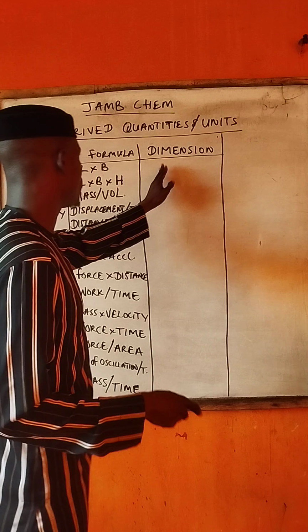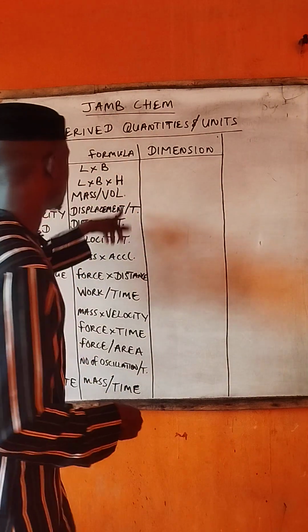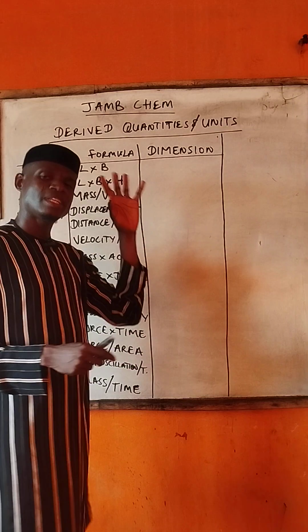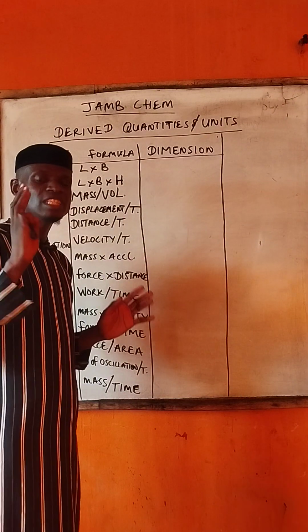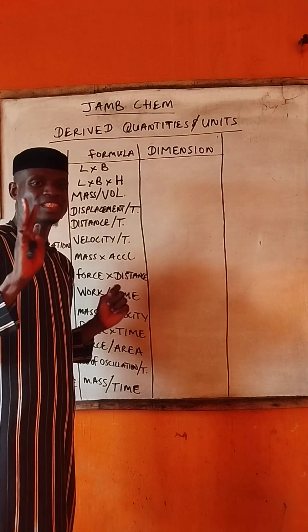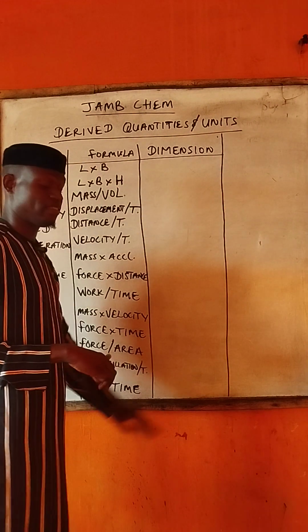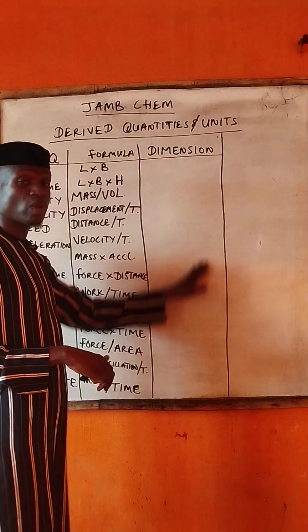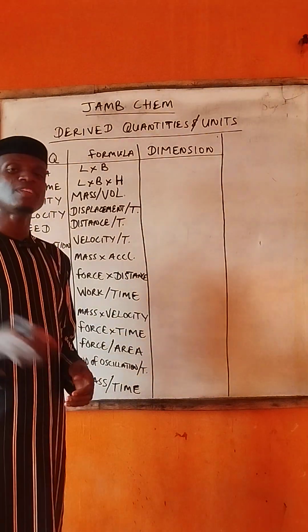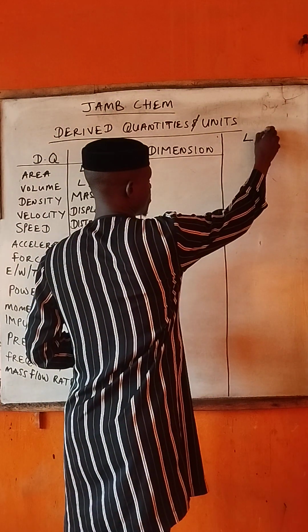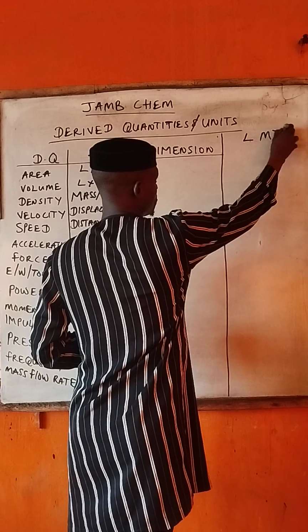What is the dimension of area? The formula is length times breadth. Remember, from the fundamental quantities, we have three major quantities that we are going to use to find the dimension of all these: length, mass, and time.